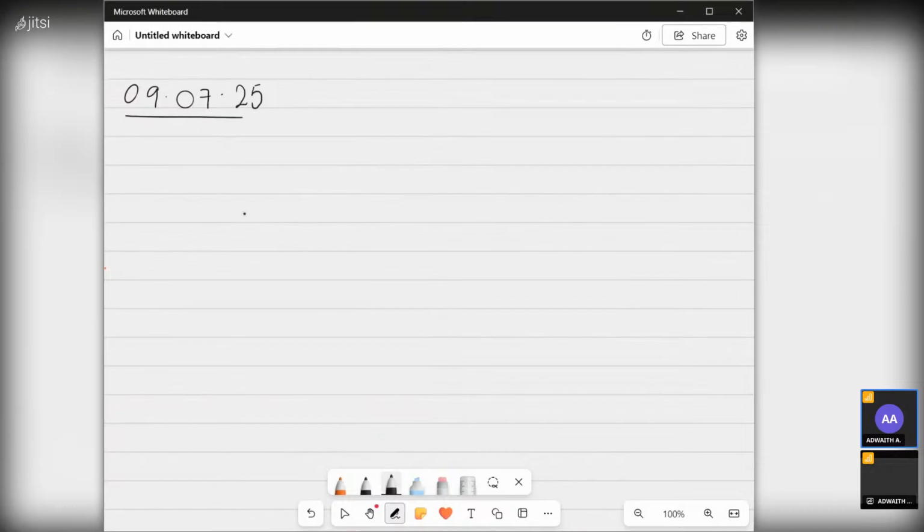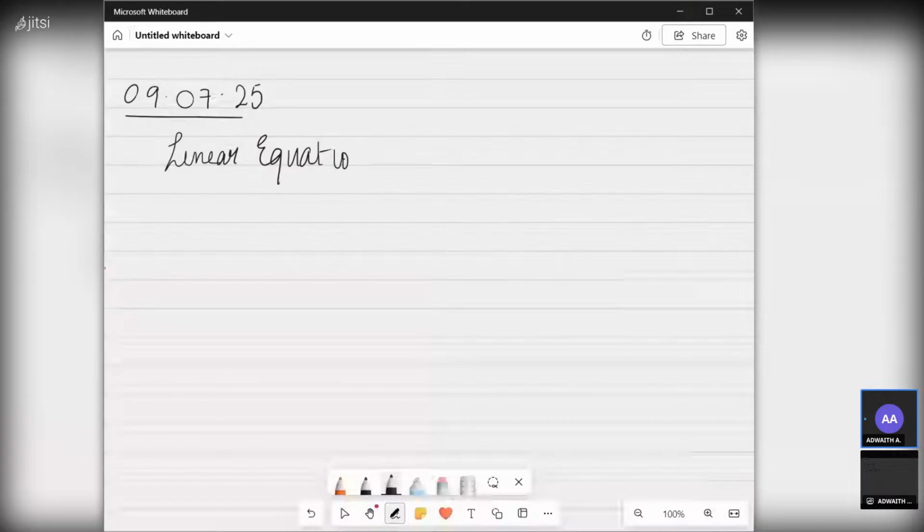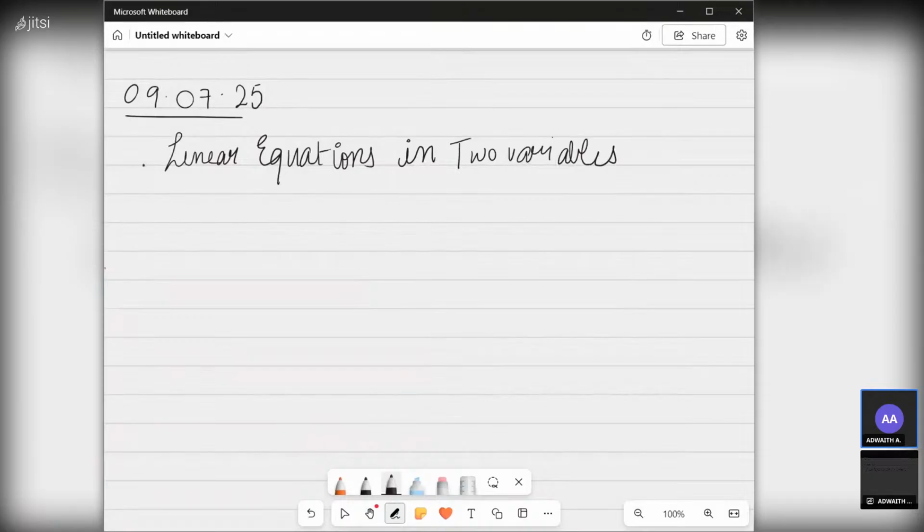Write the heading: Linear Equations in Two Variables. So first bullet point.